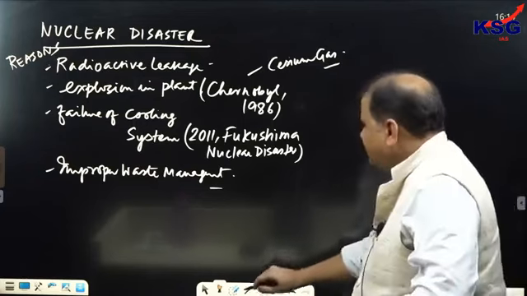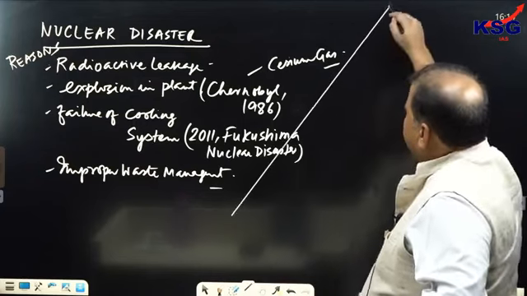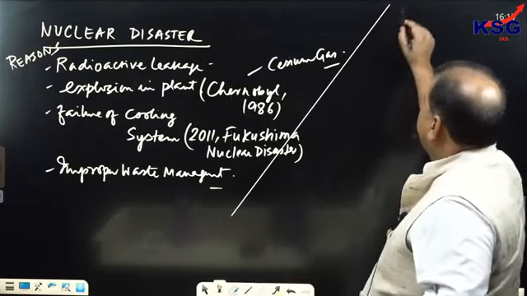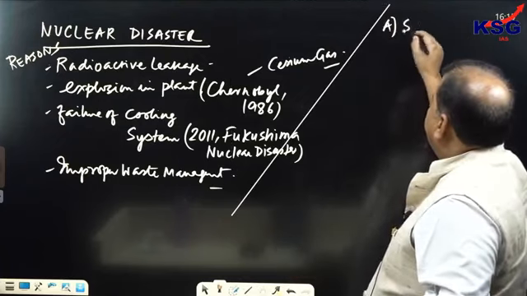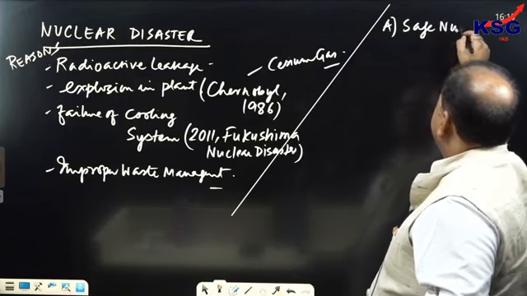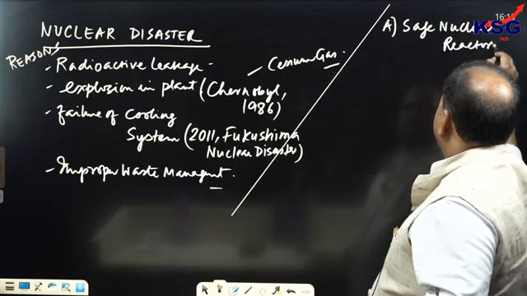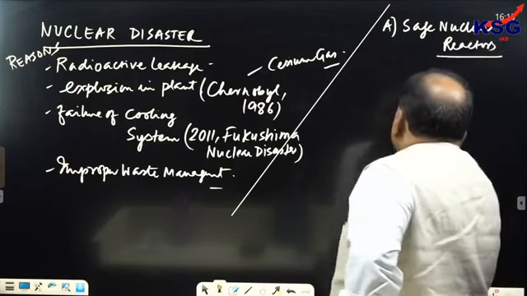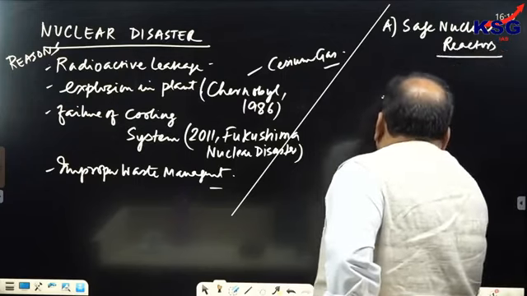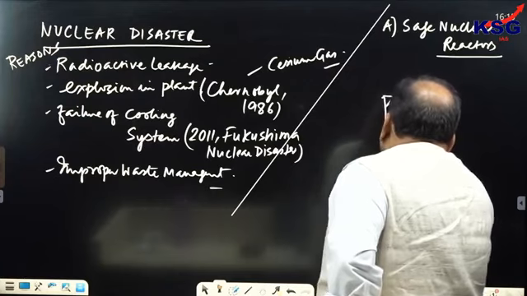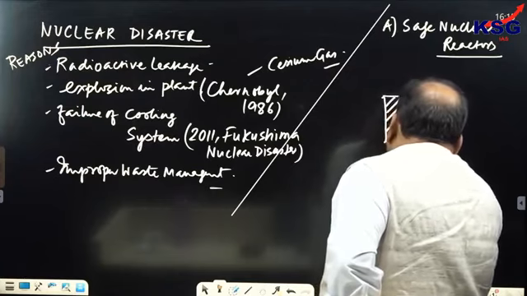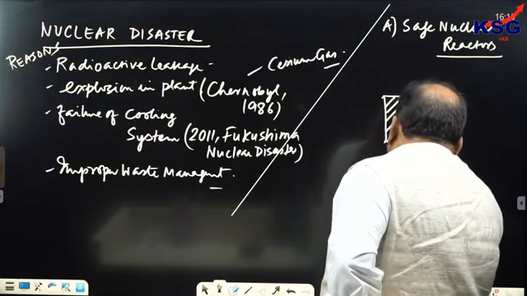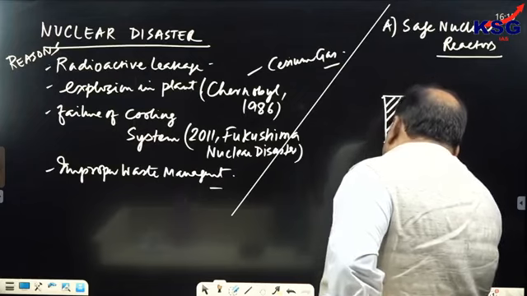So, the first measure is safe nuclear reactors. Clear? For example, suppose this is a safe nuclear reactor which is called EPR, that is European Pressurized Reactor.